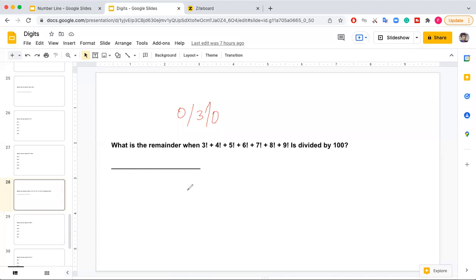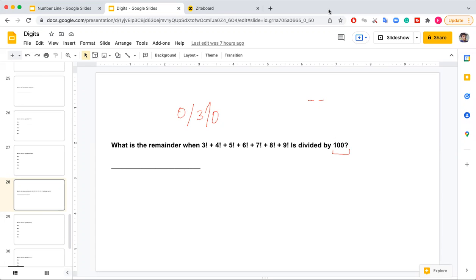Okay. First of all, the question is saying divide by 100, so you need to tell the last 2 digits, not just the tens digit. Just keep this in mind: when you are dividing by 100, you are just telling the last 2 digits.